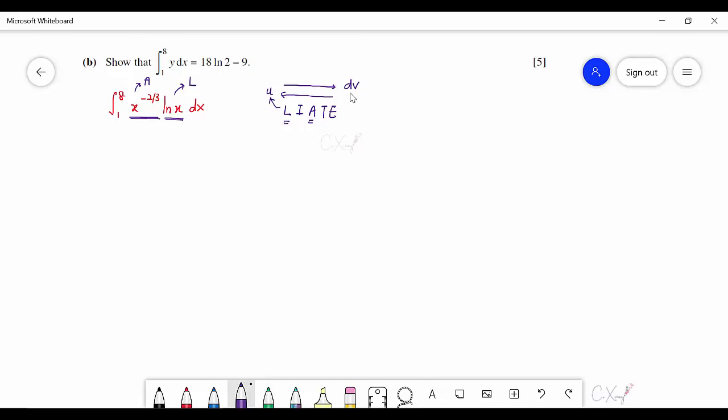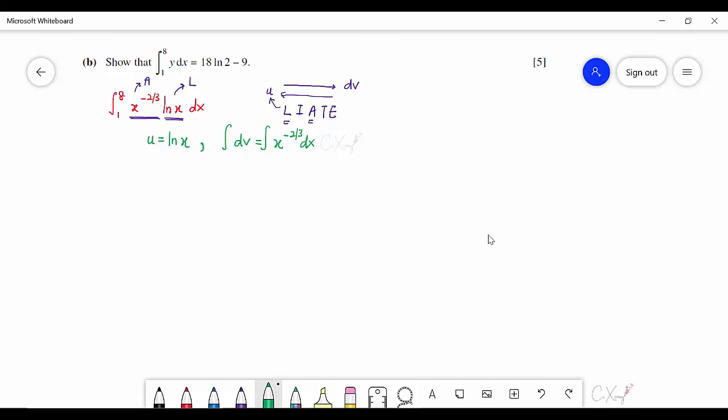Okay, so if I want to write out my solution here, my step, I will write it out like this. So u equals ln x, and then dv equals the rest of what you have here, x power -2/3 dx. For u you want to do the differentiation, and for dv you want to do the integration.